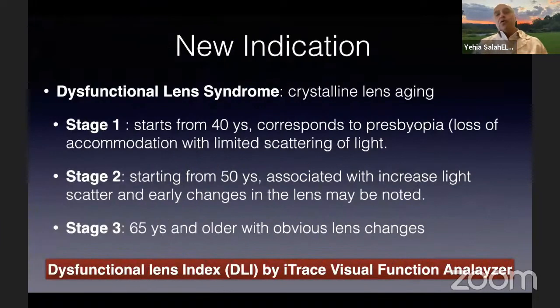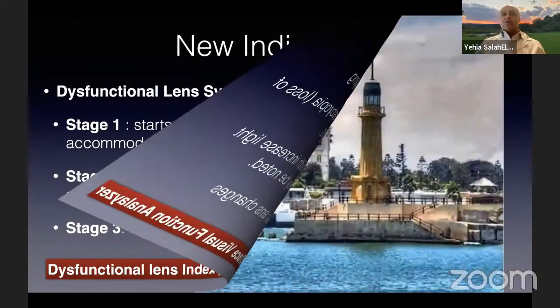Now there are new terms like dysfunctional lens syndrome, and this is what you see in the staging. There are patients where you cannot clinically say they have cataract, but you can diagnose them as dysfunctional lens syndrome.